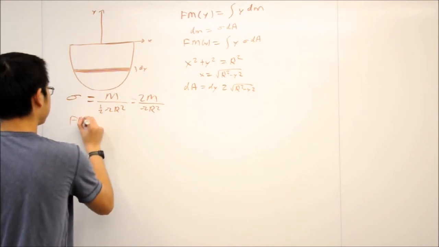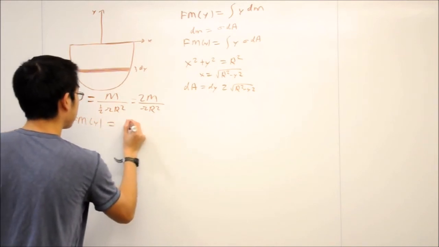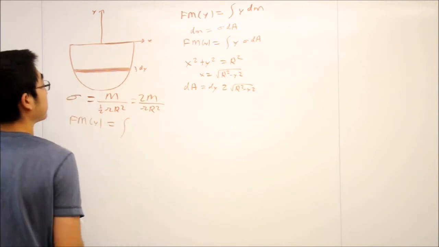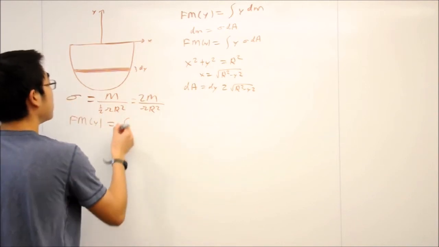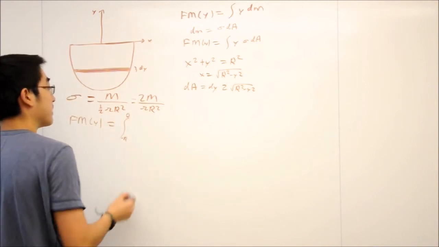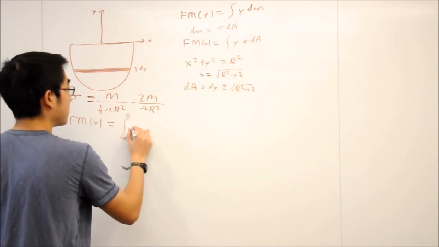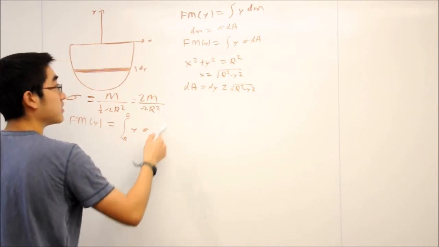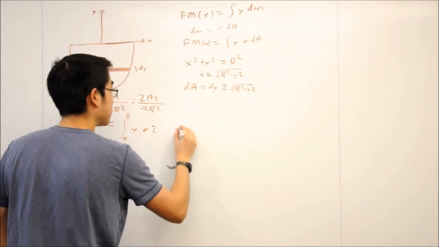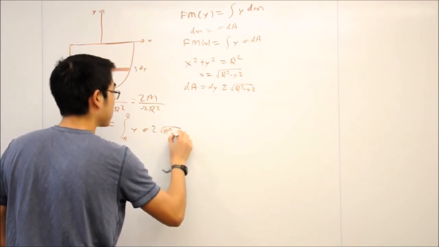So this means that the first moment in the y direction is the integral, and we're integrating from y equals negative R to y equals 0, of y sigma 2 times the square root of big R squared minus y squared dy.